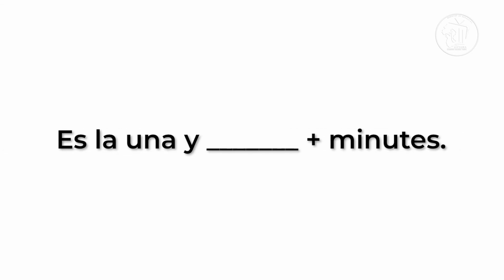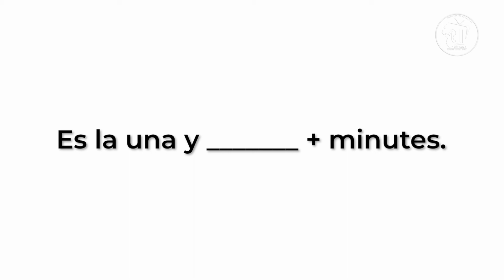Excelente. Before ending today's lesson, let's recap on some important vocabulary that we've learned about la hora, the time. So remember, we use es la or son las to begin answering what time it is. So if we are in the 1 o'clock hour, whether it's 1 p.m. or 1 a.m., you say es la 1 y, and you say the minutes.